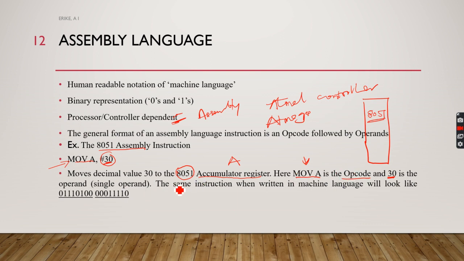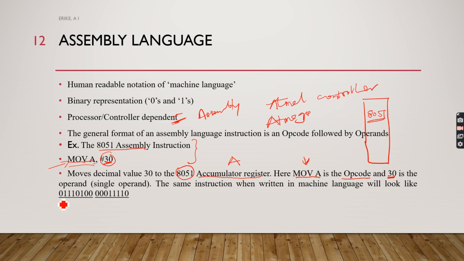All right, so the same instruction now, when you look at this, you discover that you can say move A 30. Now, this is what you understand as human, but what the machine understands is machine language, which looks like just 001, 0101, and so on and so forth.